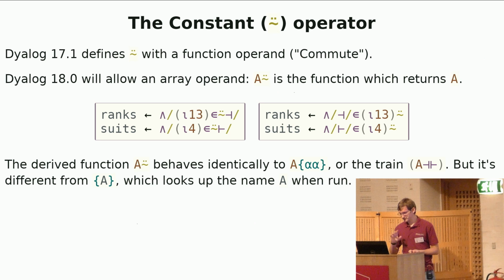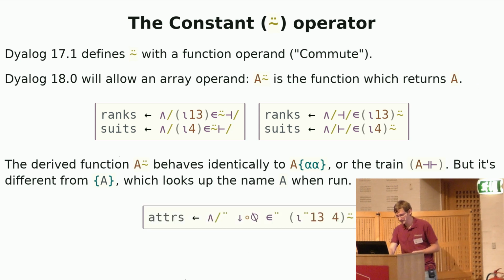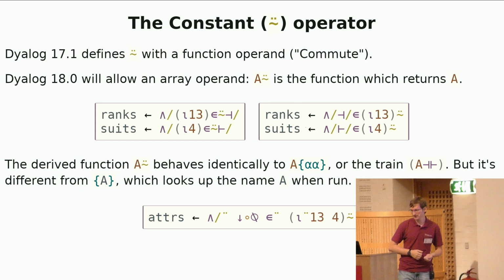One thing the constant operator enables us to do with these ranks and suit functions is to swap the arguments to membership, to write it in what may be a more natural way for an APLer. Now that we've got these functions flipped, we can see that actually they share a lot of structure. So one thing we might do is combine them. We can write this tacitly.